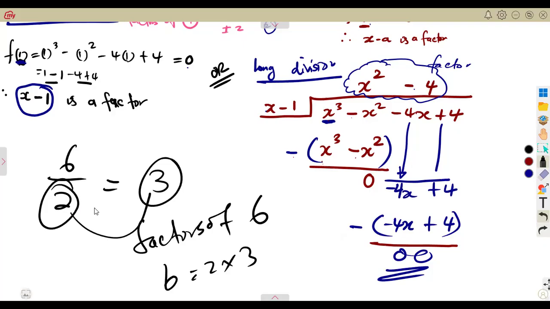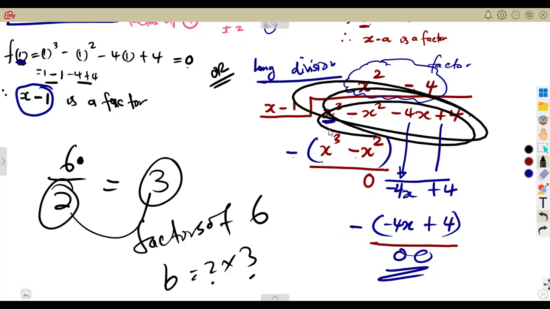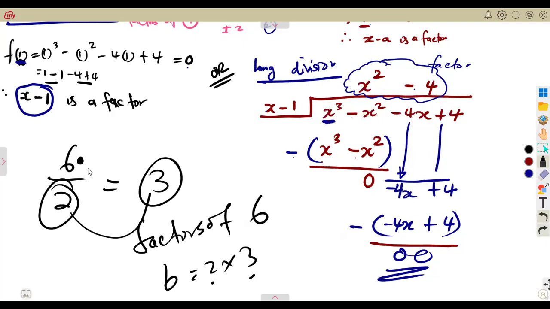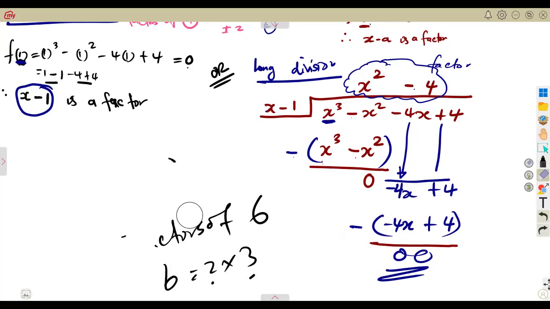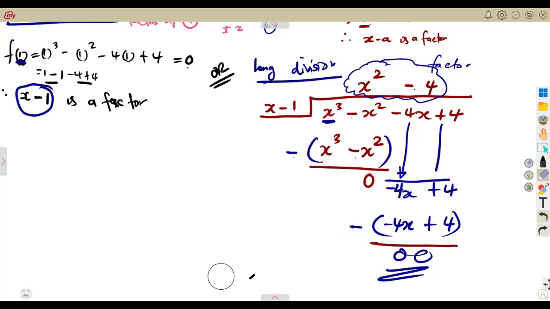So if 6 is equal to 2 times 3, it means the whole function that we had before, this f of x, the whole function x cubed minus x squared minus 4x plus 4, is equal to the product of what was divided in the other term, which is this part and this part.